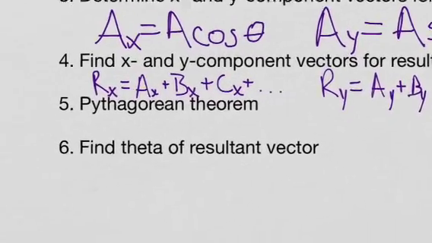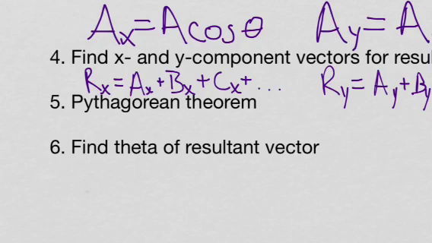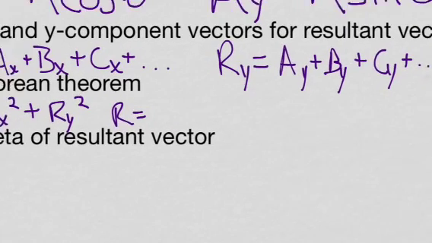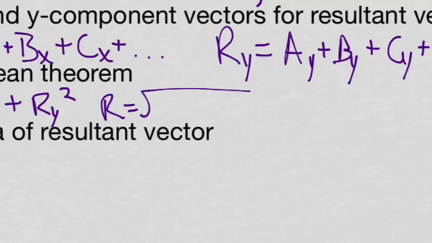Now we can do Pythagorean theorem, where we are solving for our overall vector. Or we can rework this to be our resultant vector is the square root of our x squared plus our y squared.